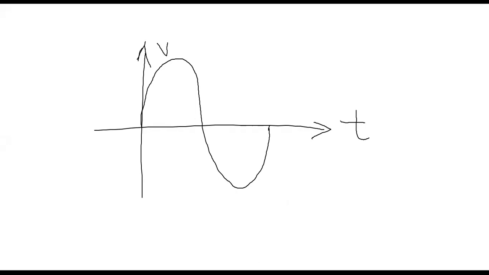And in between here is 0.02 seconds. Okay, that's a complete waveform. That's the time taken to make one complete waveform. And the voltage that was produced, I don't know what the voltage was because it didn't say.